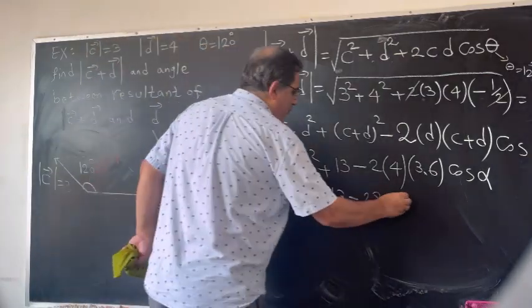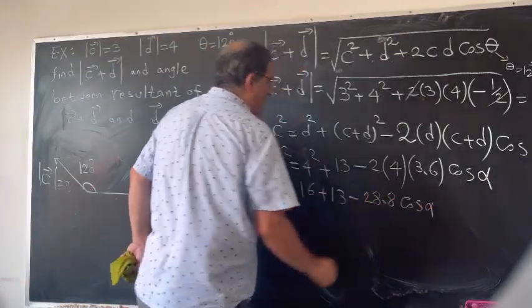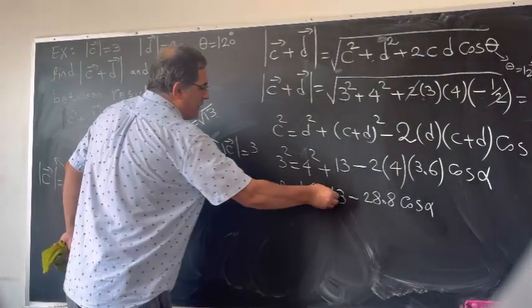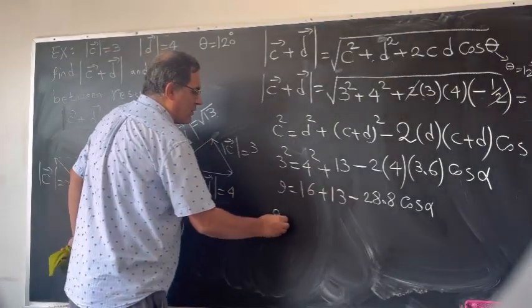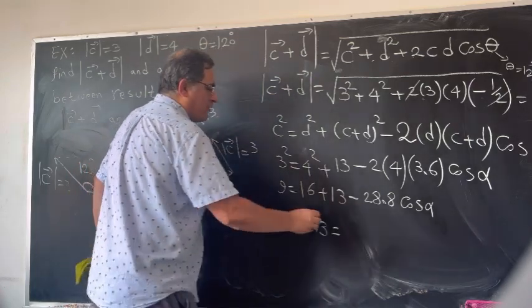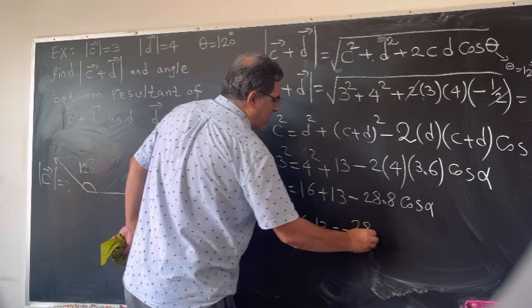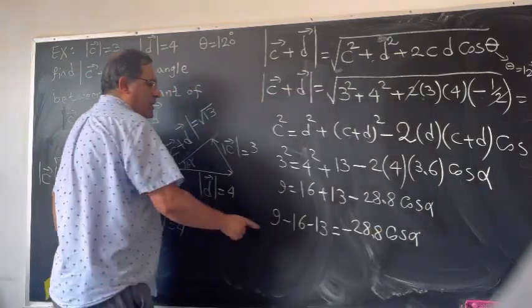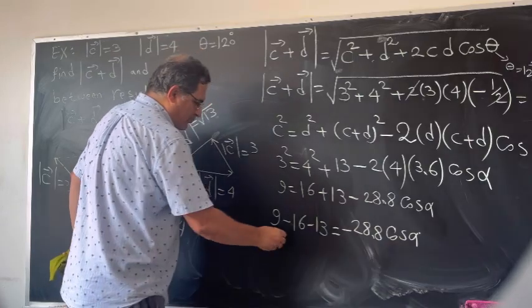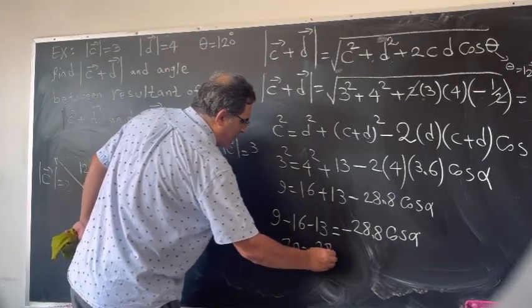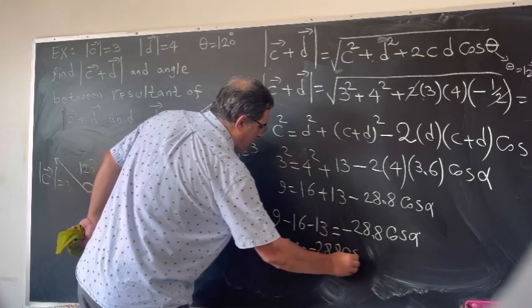Cosine alpha. I have seen students make this mistake many times: the 16 and 13, when you move them to the left side, should be negative. So 9 minus 29 is minus 20, equals minus 28.8 cosine alpha.